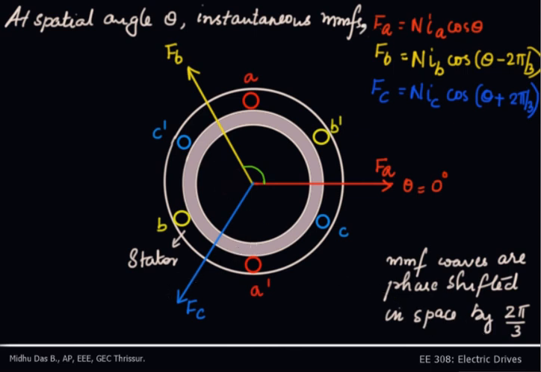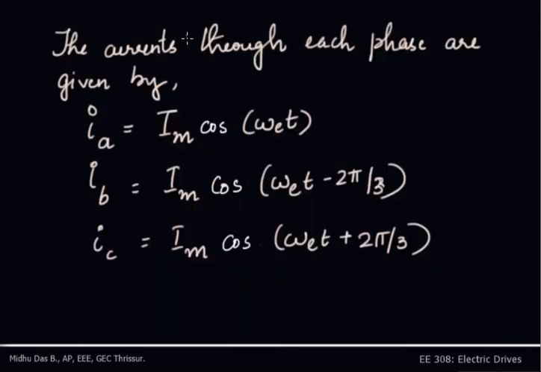You can see here. Now, the current through each phase is given by IA is Im cos omega Et. Through the B phase, it will be lagging behind A phase by another 120 degree, and through the C phase, it will be lagging by 240 degree or plus 2 pi by 3.